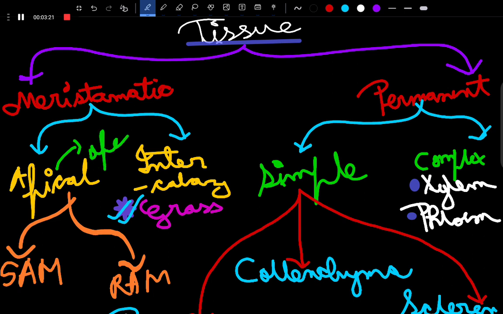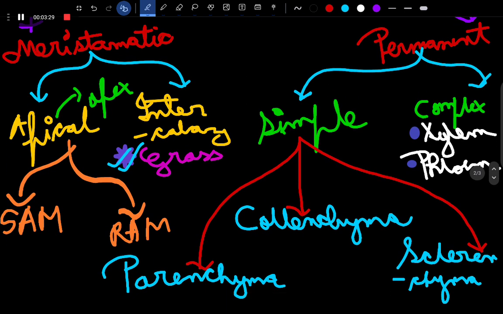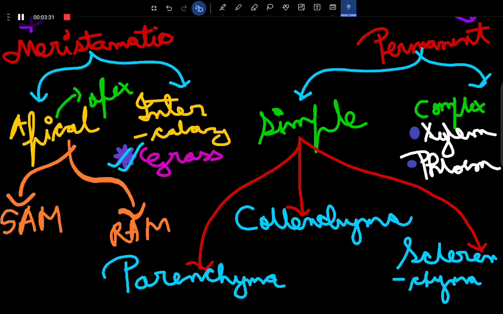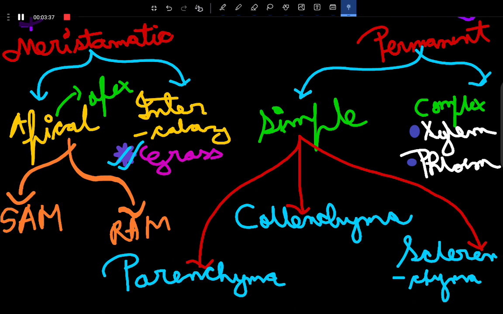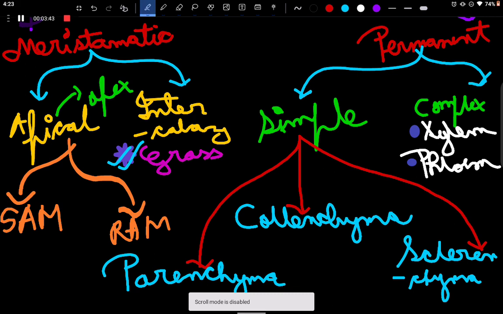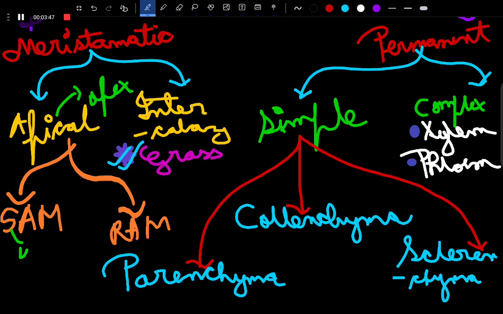We have two parts of this also. S means shoot apical meristem and R is root apical meristem. So the shoot apical meristem must be found at the top of the plant, right?